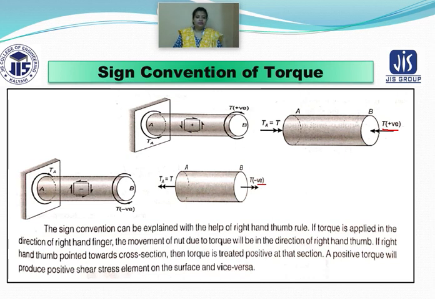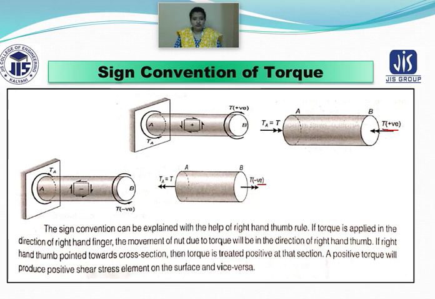As per the sign convention, you have to follow some rule: it can be explained with the help of the right hand thumb rule. If the torque is applied in the direction of the right hand fingers, then the moment vector due to the torque will be in the direction of the right hand thumb, and if the thumb points away from the cross section, then the torque is treated as positive at the section.